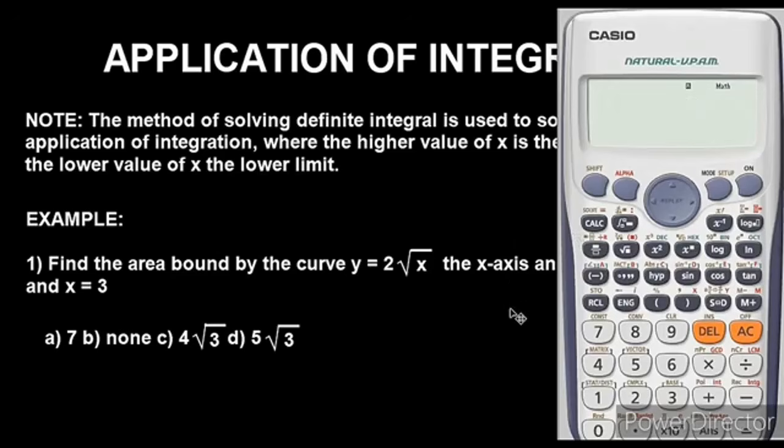Having done that, the next thing we do will be to bring out the definite integral sign in the calculator, because it's through the process of solving definite integral with Casio calculator that we solve this application of integration according to what we noted here. So you bring out the integral sign, then input the upper limit value, which is 3.